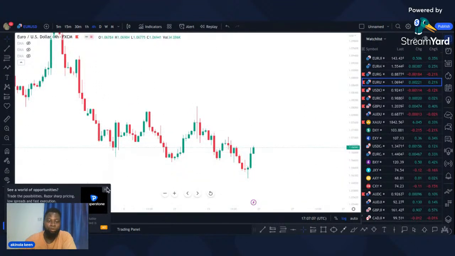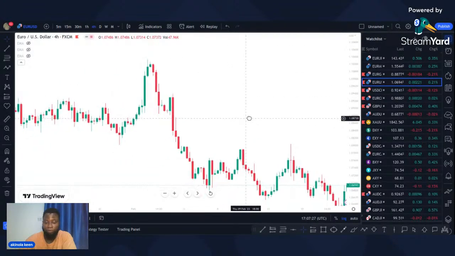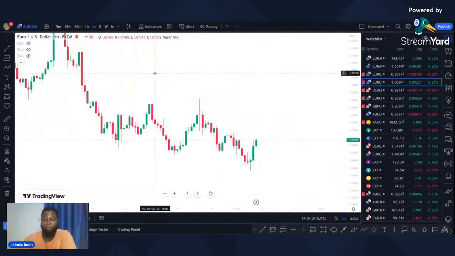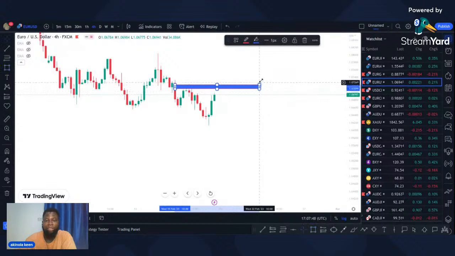So actually, if I'm going to trade this particular pair, you know what I'm going to look for. First of all, you can see that there is this high on the 4 hour time frame, which, if the downtrend is going to continue, I don't expect this high to be broken.